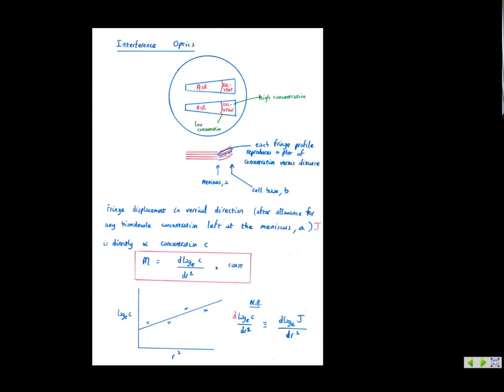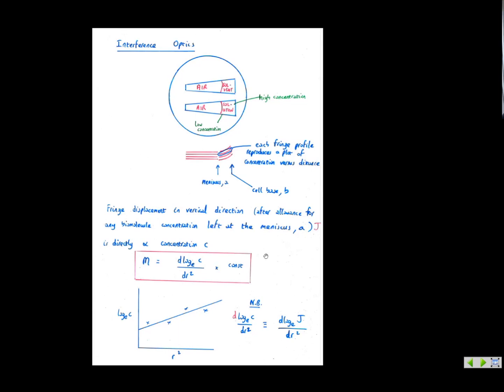And the fringe displacement in the vertical direction, after allowance for any biomolecule concentration left at the meniscus, which we call the meniscus concentration, will be directly proportional to the concentration C in the solution, C measured in mg per mL or gram per mL or whatever.